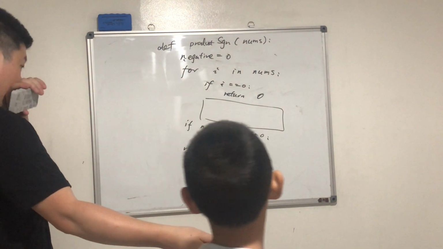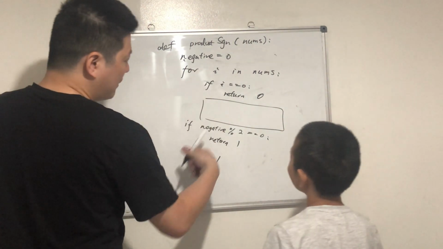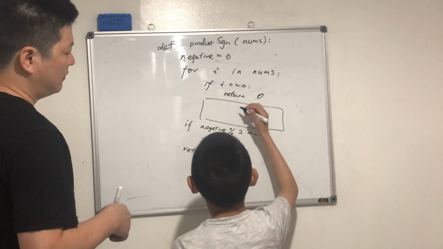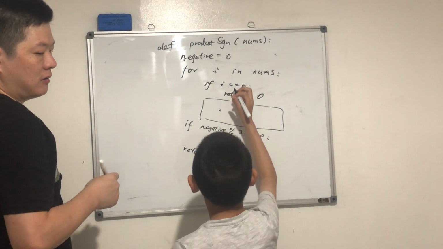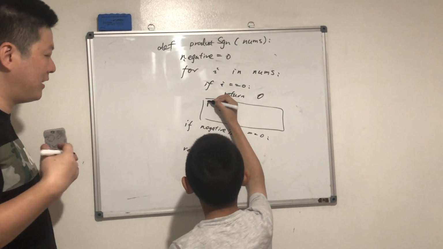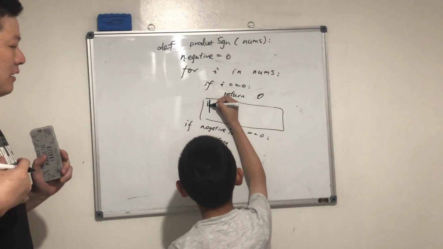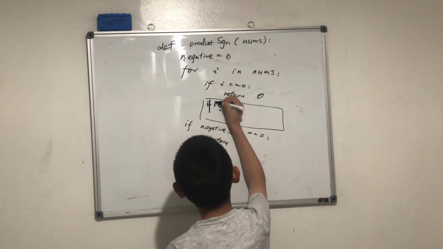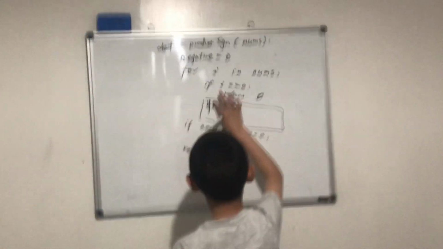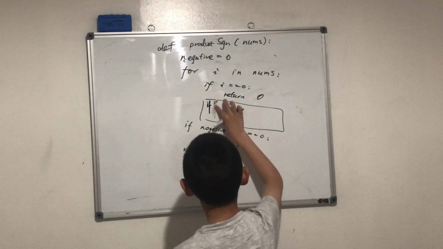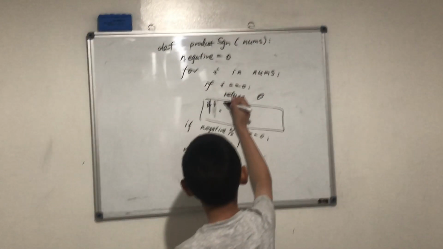Two lines. Negative plus equals 1. In what cases? If i smaller than 0.